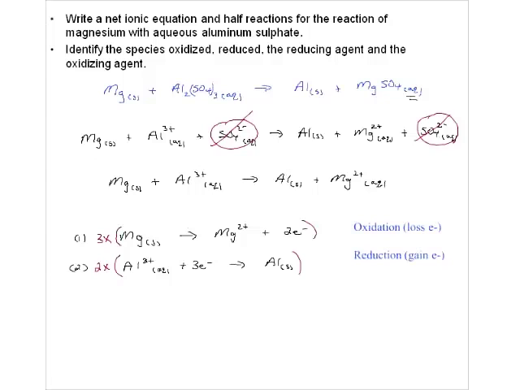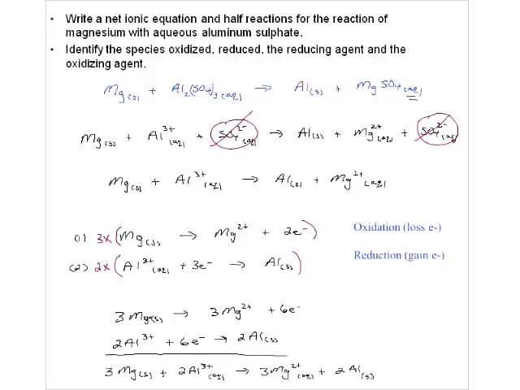So I would rewrite my equation, and then I would cross out my electrons to show that all the electrons are being transferred. And there we go. So the overall reaction would be 3 magnesium metal reacts with 2 aluminum 3 plus ions to produce 3 magnesium 2 plus ions and 2 aluminum.